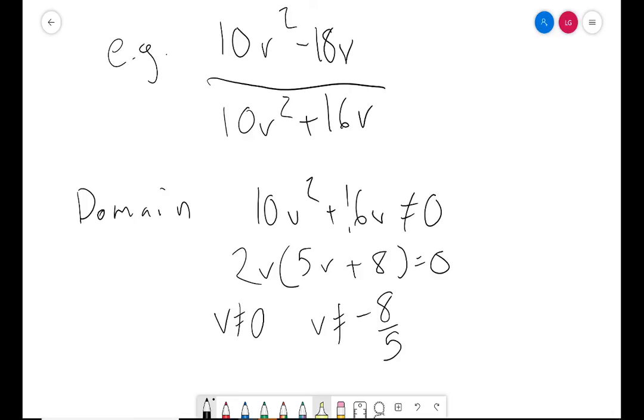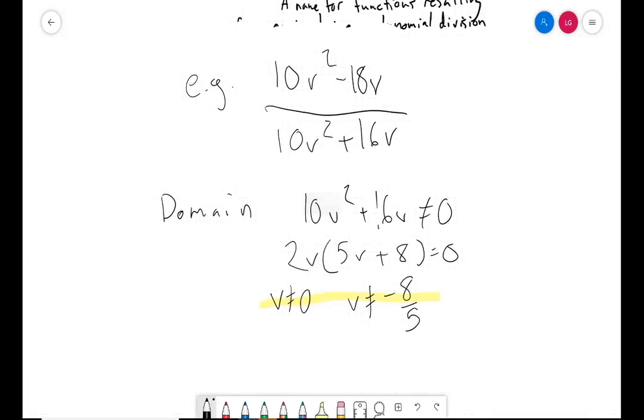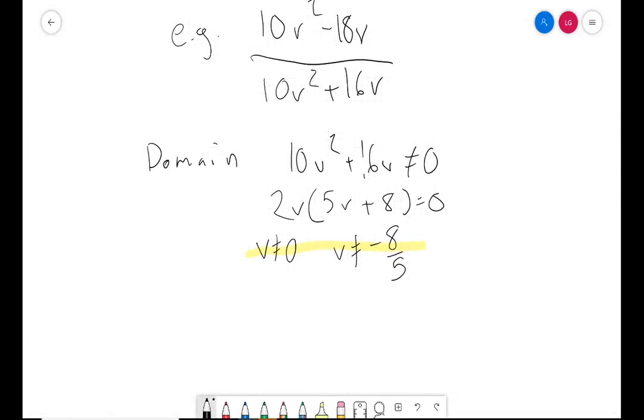So it's worth that I did it because I was looking at it incorrectly. 2 domain issues, right? V cannot be 0, V cannot be negative 8/5. So now back to the original problem here. We're going to simplify this.